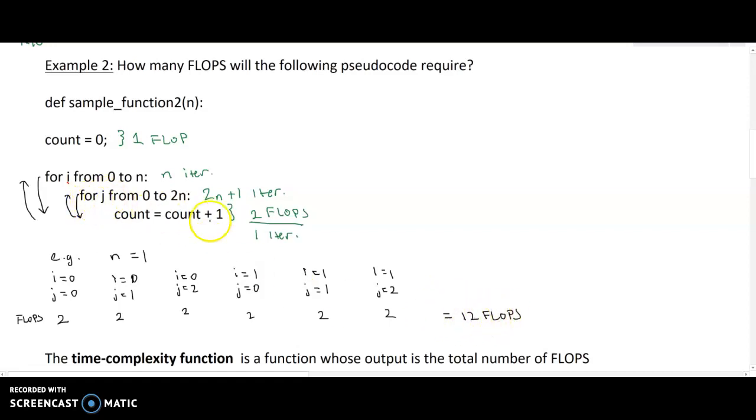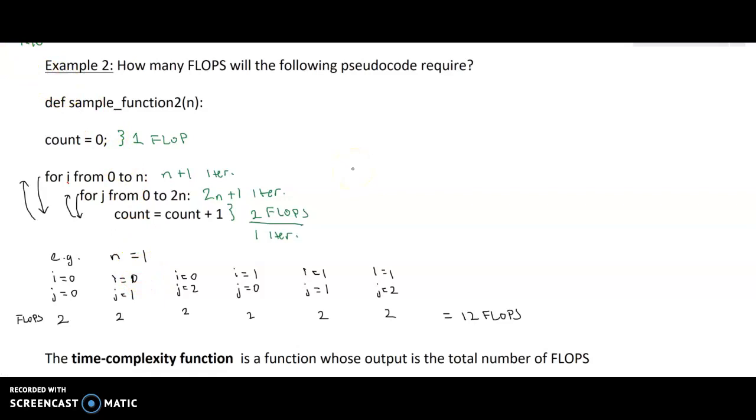Now, if you notice, what really happened here is that this ran, and we said n iterations, but it's actually n plus 1 because we're including 0 once again, so this should be n plus 1 iterations. So notice what we really did is this ran twice. The inner loop ran 3 times. 2 times 3 is 6.